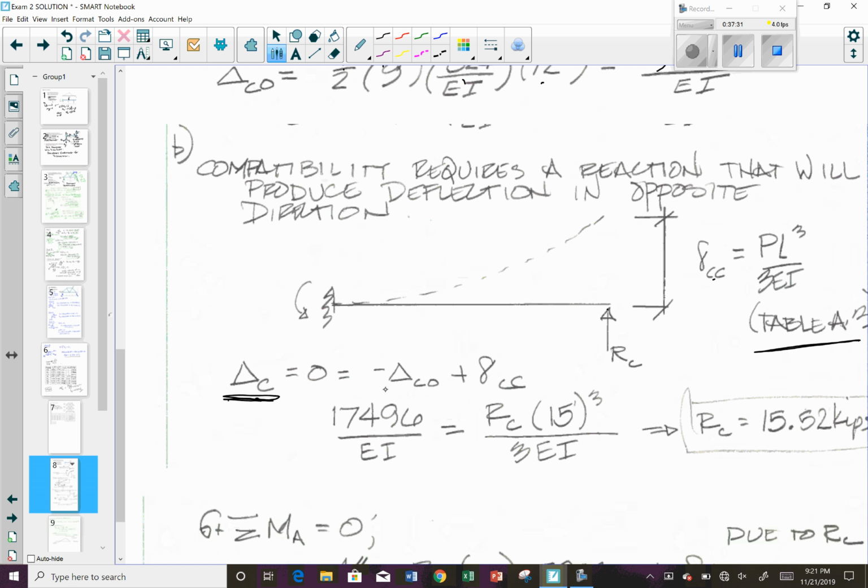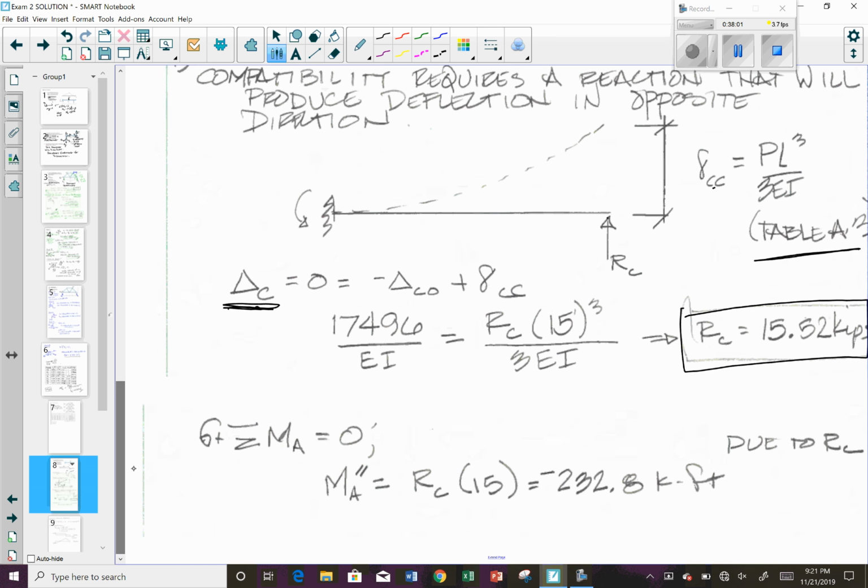That means that the change in C naught when you remove the reaction needs to be equal and opposite to the change in C when you apply a reaction at C. So you solve for that based on these deflections such that your reaction at C then is equal to 15.52 kips.